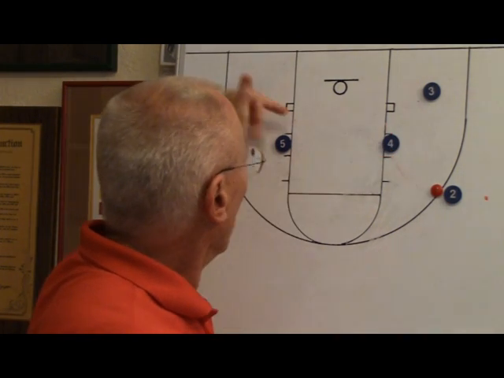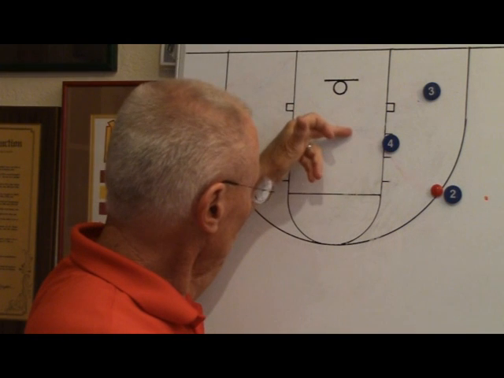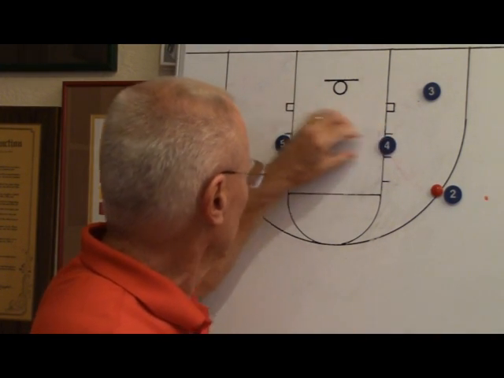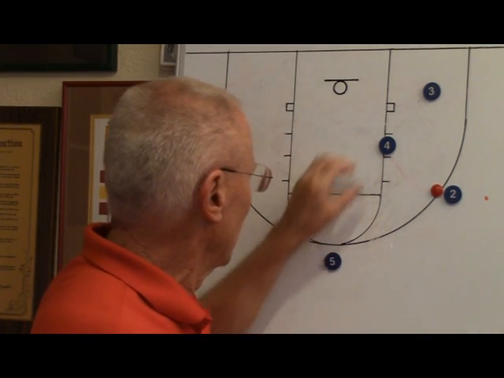All right, now, on that pass to 2, when 4 hits this line on the flash, that triggers 5 to flash up into this spot right in here.